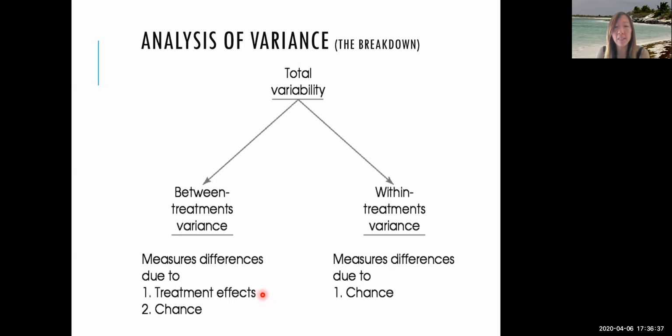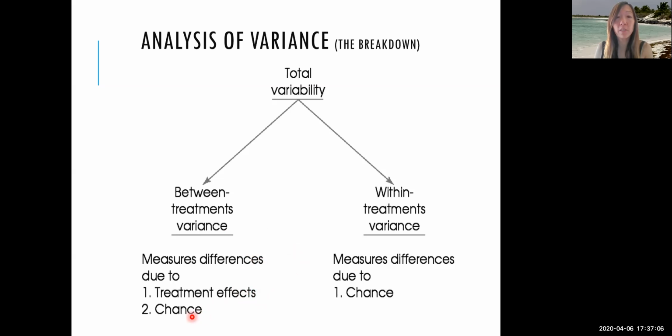Treatment effects are significant mean differences. If you remember when we talked about the independent sample t, or the two sample t, last week, if there were significant differences between the two groups, then we would reject the null hypothesis and say that the treatment had an effect. So we're looking at mean differences. If there are mean differences, that means the treatment had an effect.